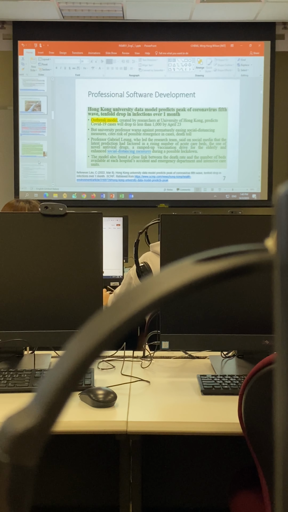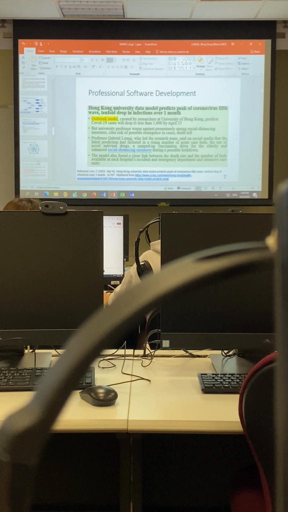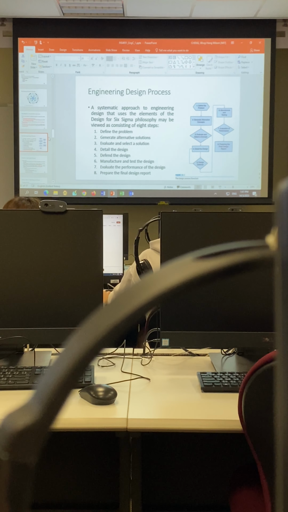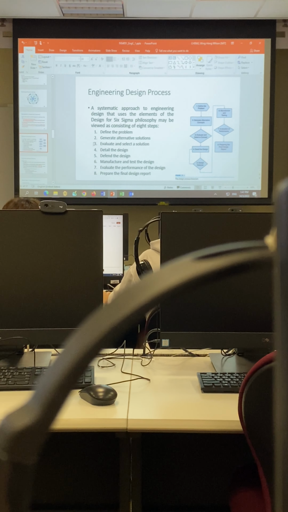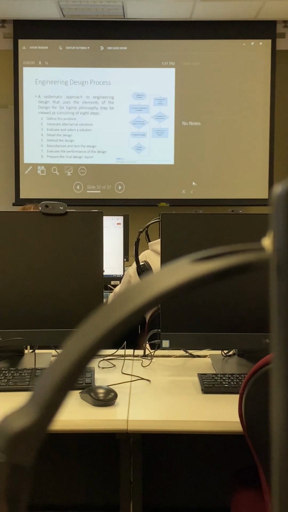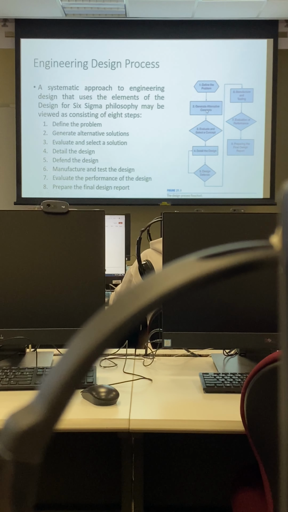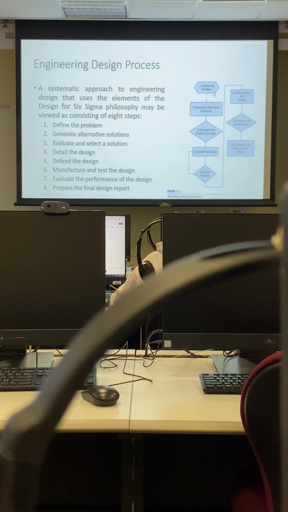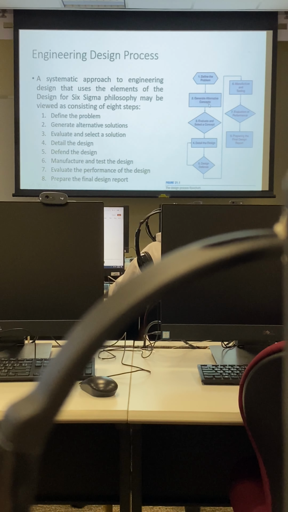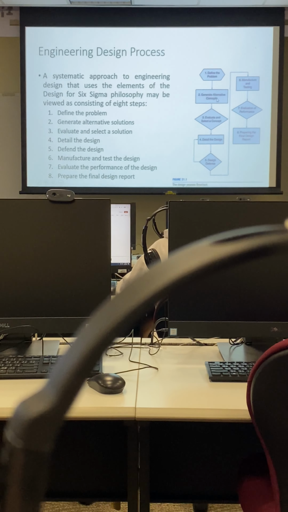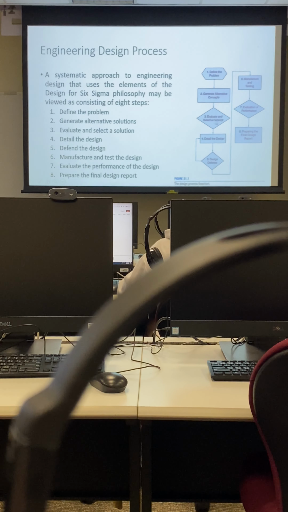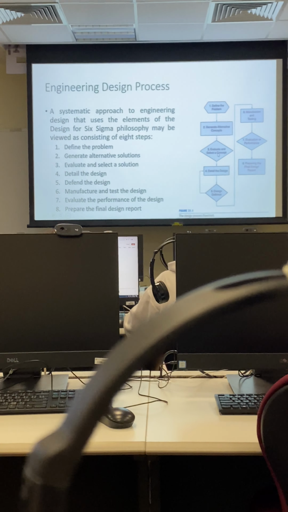So that's why for the samples I just gave you to read, actually they did follow this kind of engineering design process. Define the problem, generate alternative solutions. That means you can think of different solutions and evaluate the solutions and select the best one.